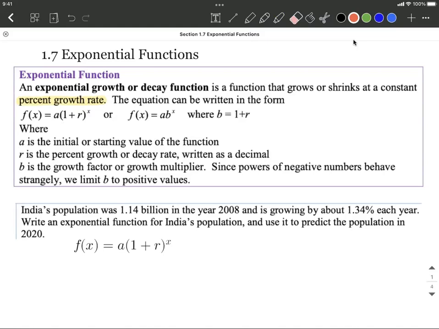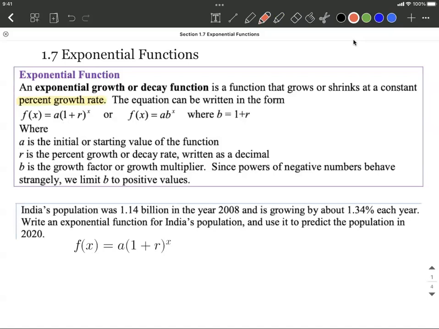So to do that, we're going to move 2 decimal places to the left from where it begins as a percent. B is going to be a growth factor or a growth multiplier. If our rate was negative, then it would be smaller than 1, and things would be getting smaller. If our rate is positive, our b is going to be bigger than 1, therefore it's going to be growing.